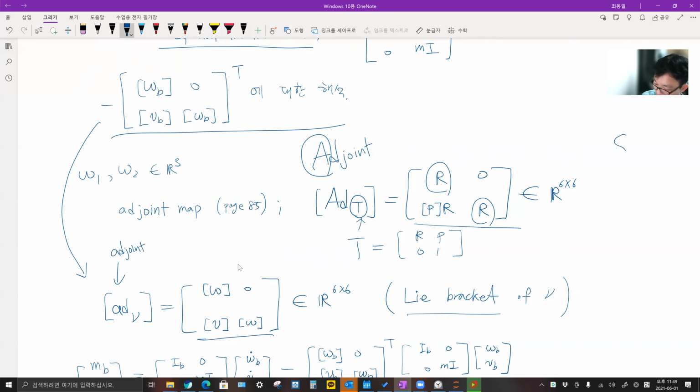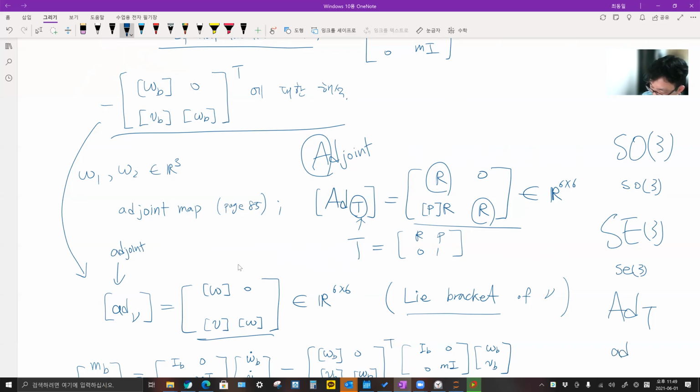Actually, there is large SO3 and small SO3, and large SE3 and small SE3. Similarly, there is large adjoint, and there is also small adjoint.